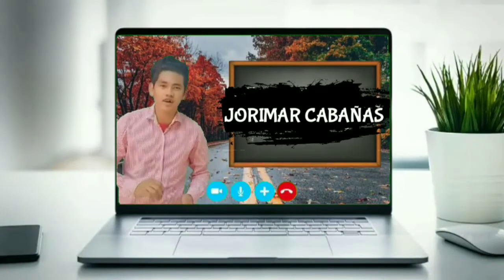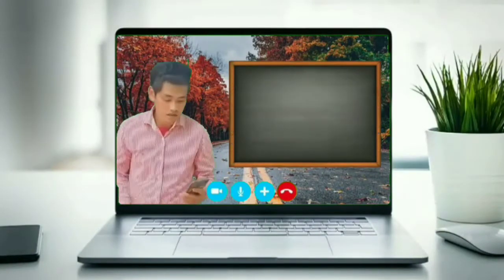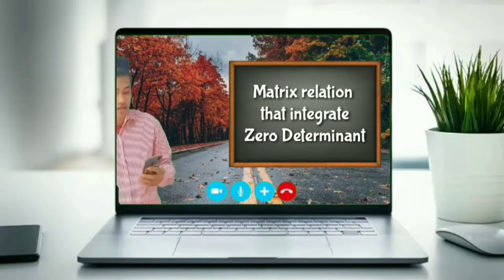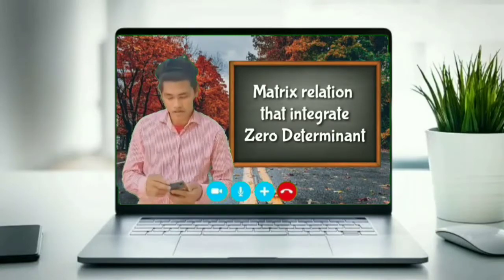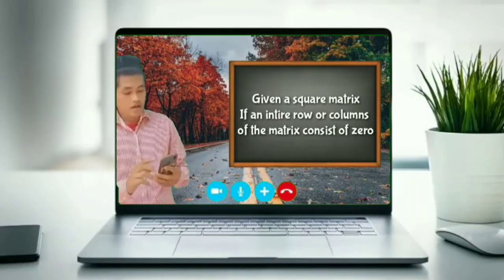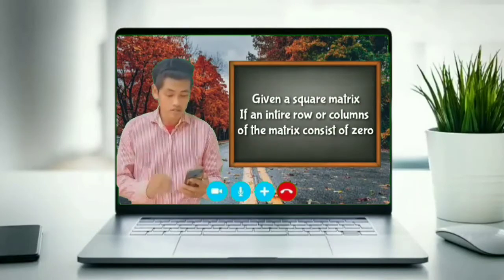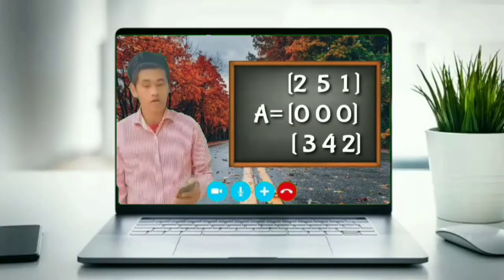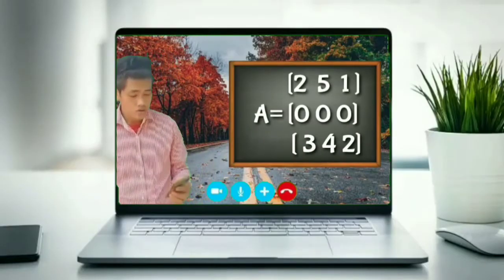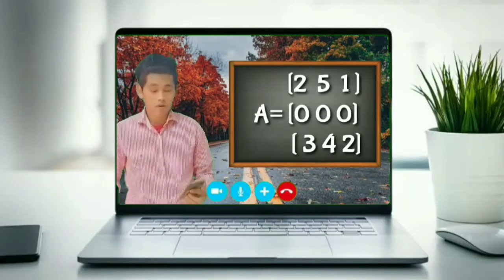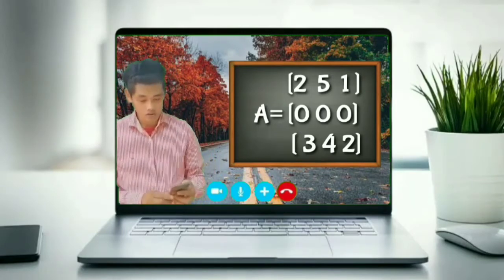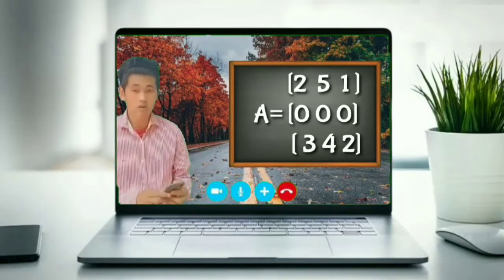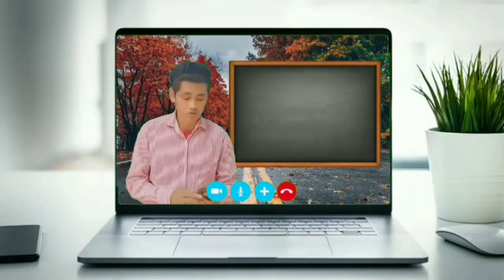Good day, sir. Examples of matrix conditions that give a zero determinant. Given a square matrix, if an entire row or column of the matrix consists of 0s, for example, A equals 2, 5, 1, 0, 0, 0, 3, 4, and 2.